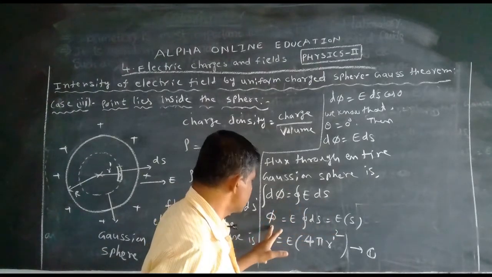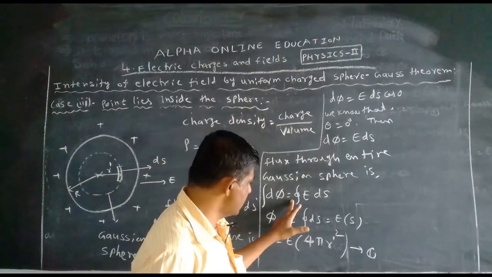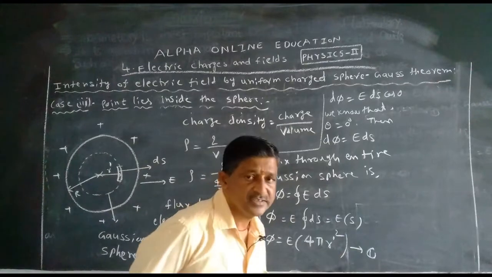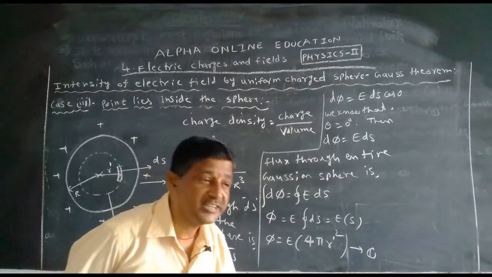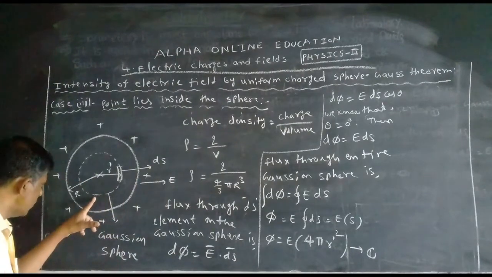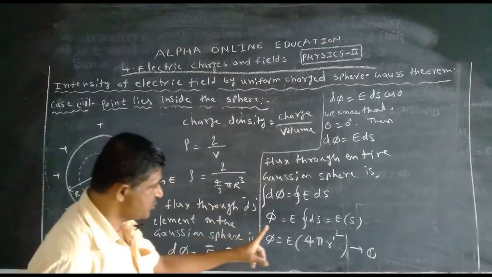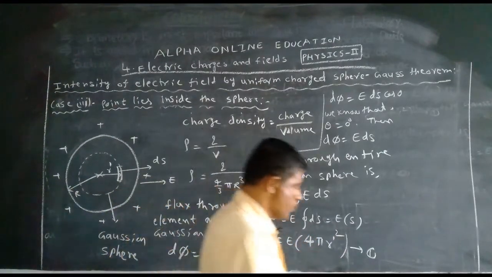Integral d phi is phi. E, the intensity of electric field, is a constant, so take it outside. Integral ds is S. What is S? The surface area of the Gaussian sphere. What is the radius? R dash. That's why the Gaussian sphere area is 4 pi r dash square, equation 1.